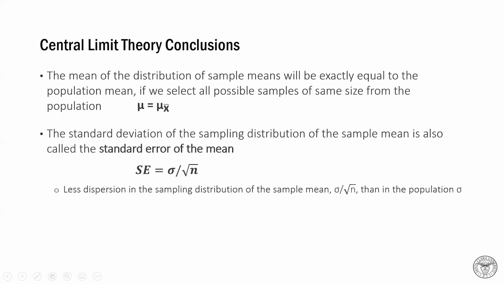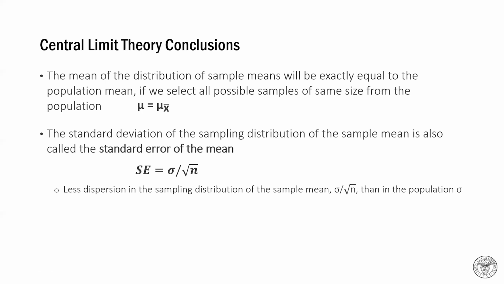Because a sample size is typically more than 1, the dispersion of the sampling distribution of the sample mean is narrower than the population distribution. Note that when the sample size is increased, the standard error of the mean decreases.